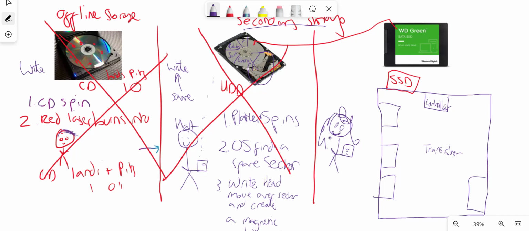These are called cells. Now these cells are actually made up of what's called a NAND logic gate. So NAND cells.